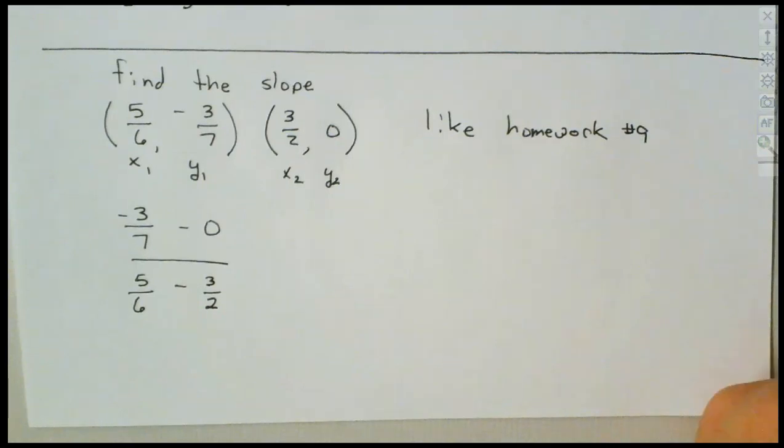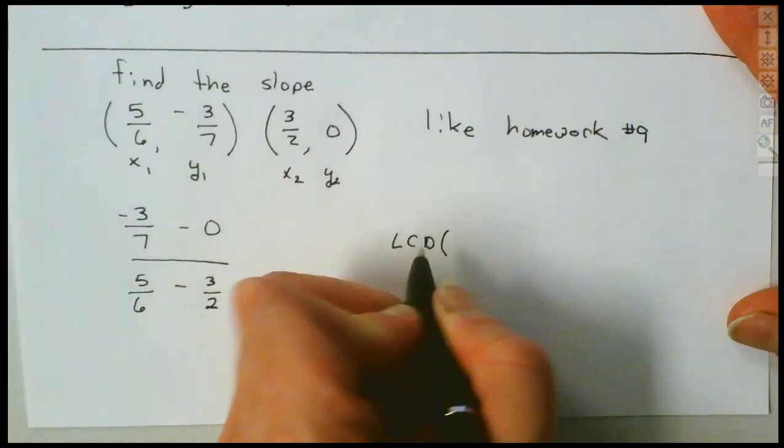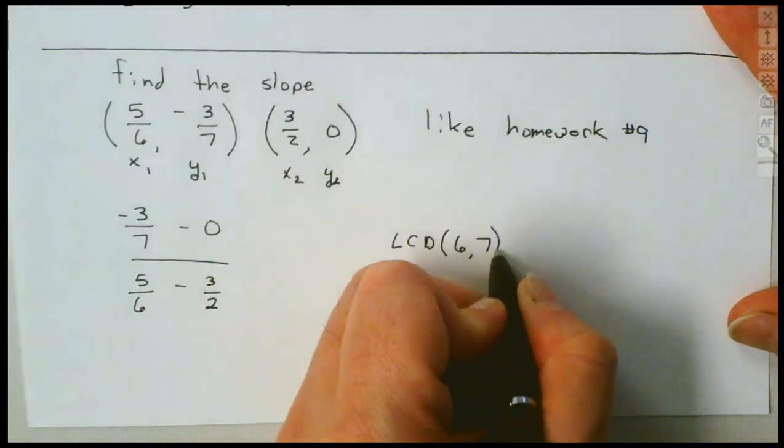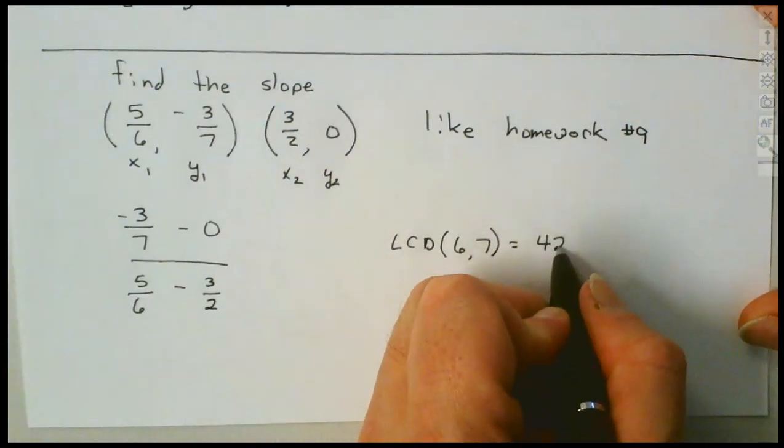Now, what am I going to use for my least common denominator? Let's look first at the 6 and the 7. What's the least common denominator of 6 and 7? Well, 6 and 7 have nothing in common, but 6 times 7 is 42.